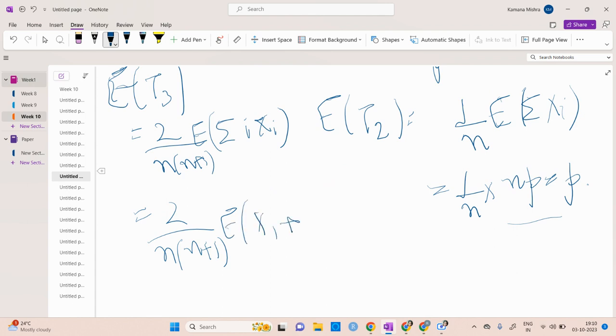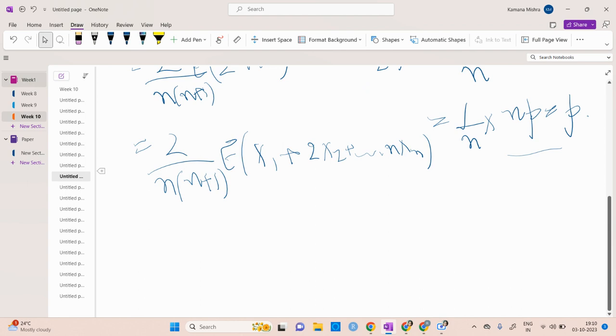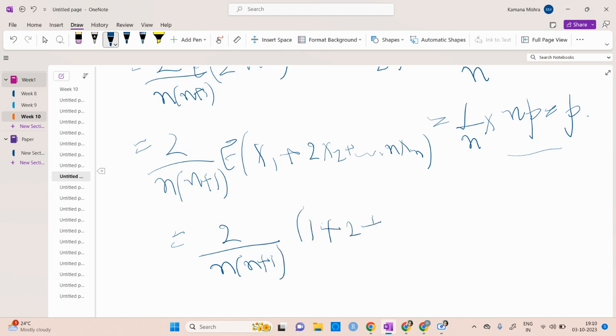x1 plus 2x2 up to n xn. Now expectation of x1, expectation of x2, expectation of xn, all of these are p, right? So what we can write is 2 upon n into n plus 1, times 1 plus 2 up to n, and all these have expectation p, right?